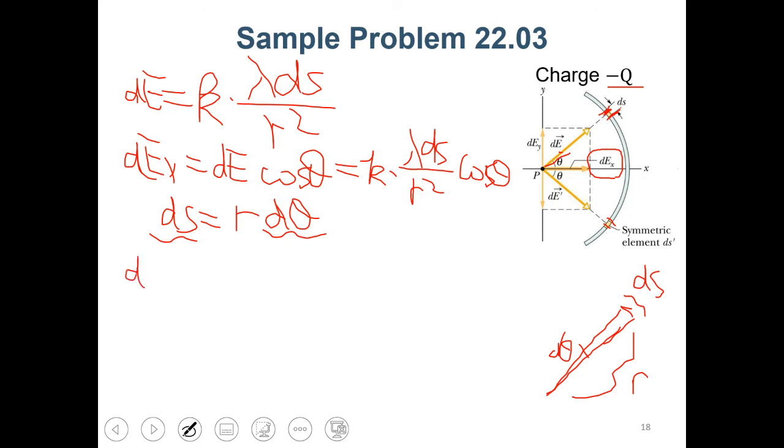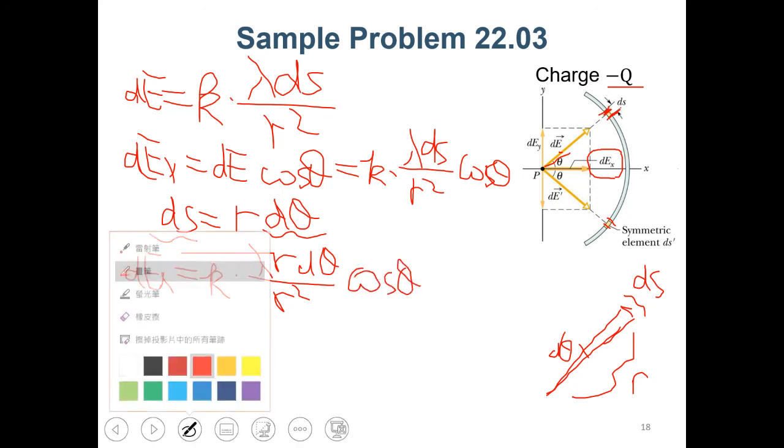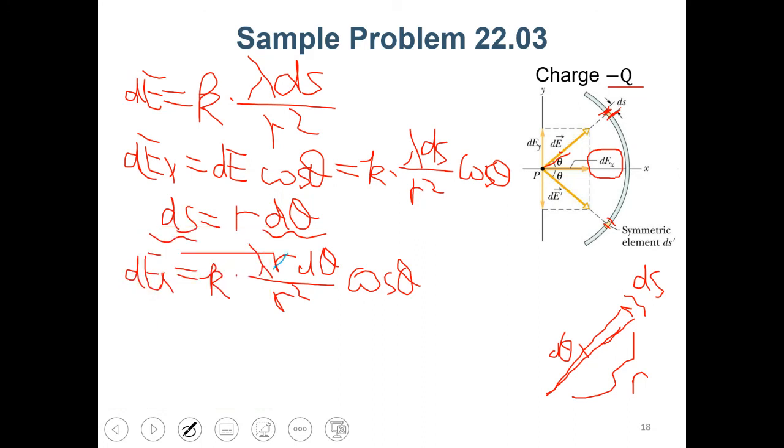So dEx is k lambda r d theta over r squared times cosine theta. One r can be cancelled.